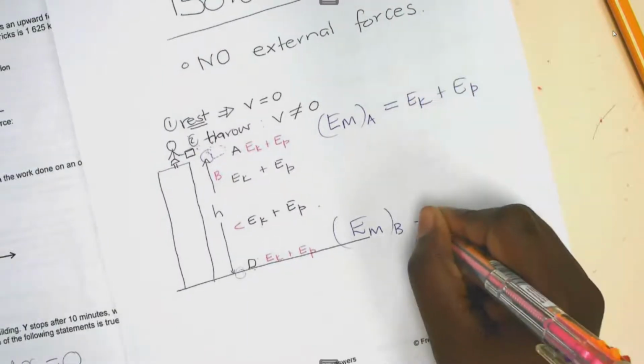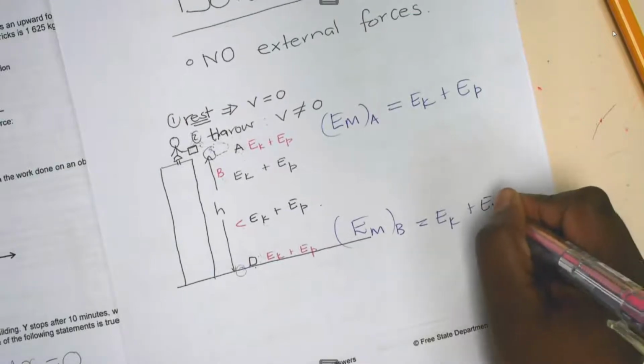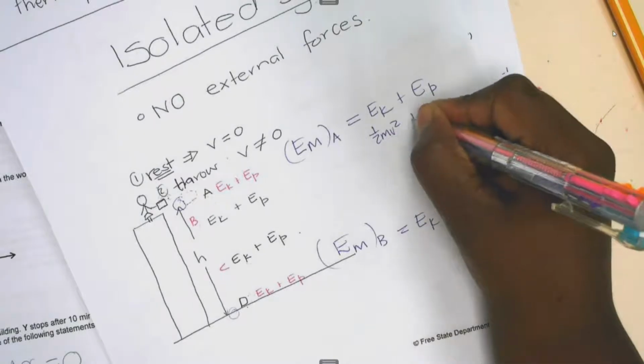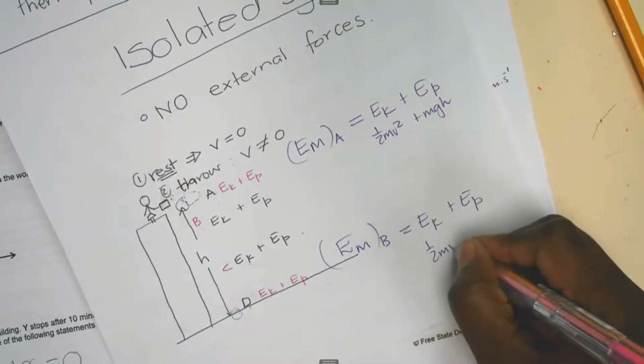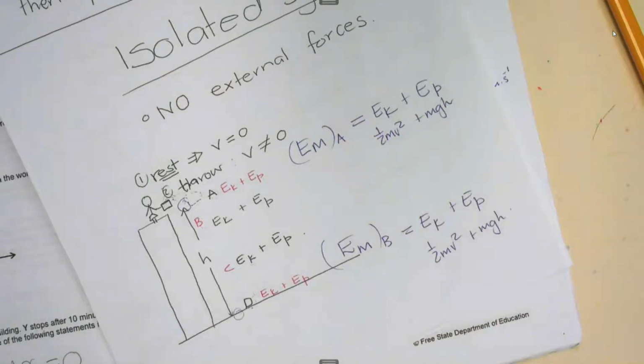And also at this point, it is the sum of these two energies. You can even break down to say it is half mv squared and mgh. Also here, half mv squared and mgh. It will just depend on what it is that you are given.